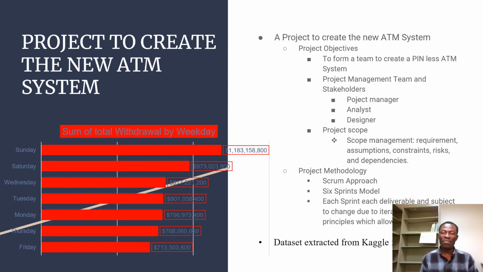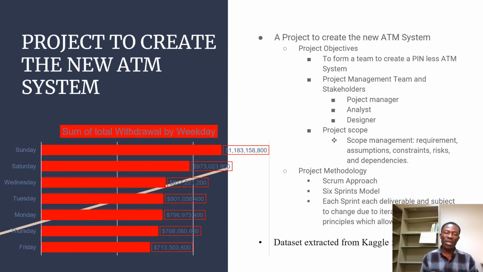So in order to advance the design of the project, we needed to do data analysis. Unfortunately, it was difficult to get empirical data from the bank in order to conduct this analysis, and so ATM transaction data was extracted from Kaggle to do some basic analysis.